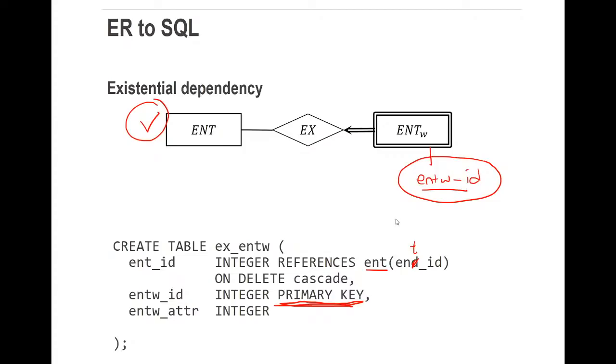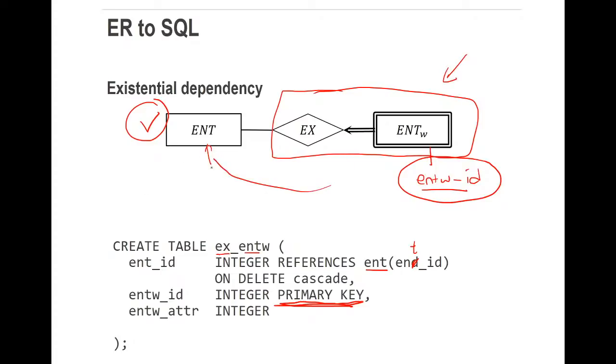The ID is not referencing itself. This is referencing the other table. We are creating this table, the weak entity table. It's not referencing itself. It is referencing this table. Okay. So yeah.